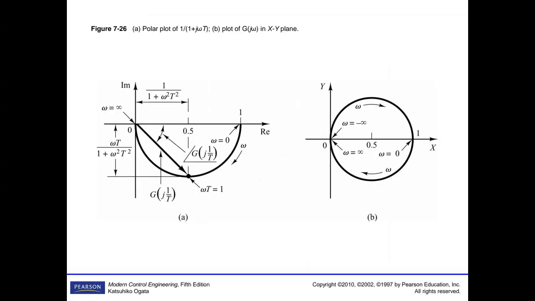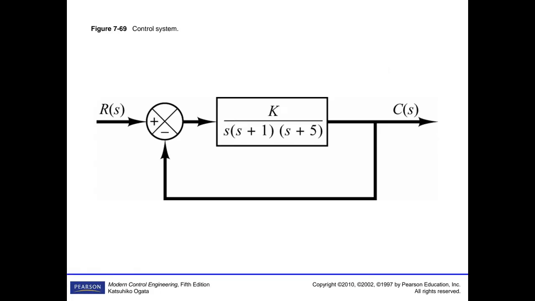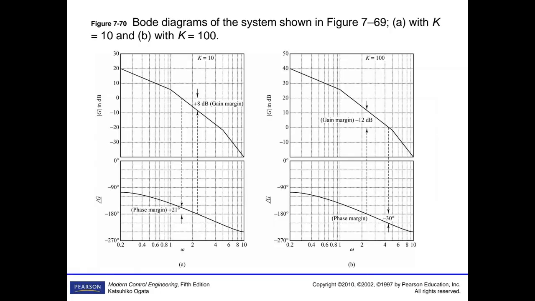What is phase margin? Gain margin and phase margin are telling you that if that one is positive and that one is positive, your system is stable. So stability analysis could also be done with phase margin and gain margin.